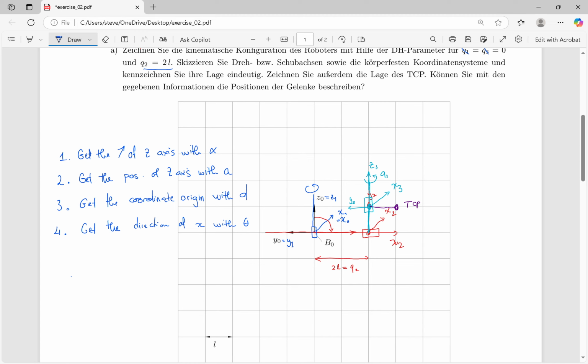And to be honest, this is how I do it from 1, 2, 3, 4, but no matter which order you do it in, it's still gonna result in the same thing. Of course, we have the fifth step, which is use right-hand rule to get the y-axis.